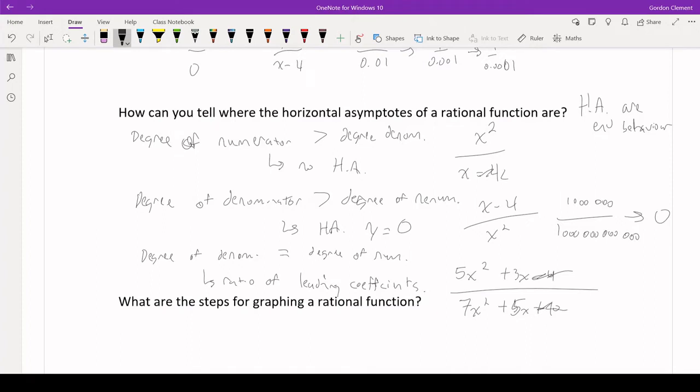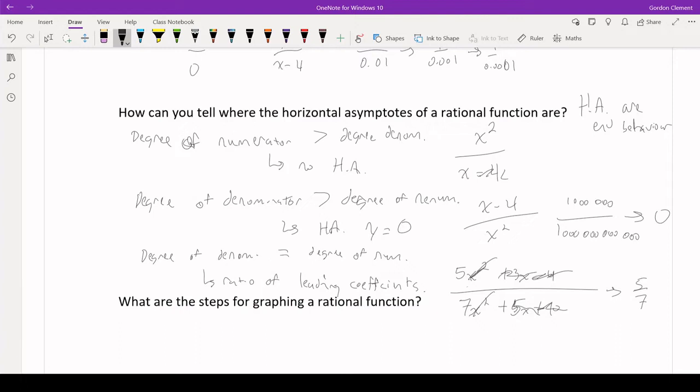When we talk about the top being a million, a million squared is so much bigger than just a plain old million that these plus x's just don't really move the dial too much when we add them onto a million squared. So really the only thing when we're talking about really, really large numbers is those leading terms. And since they're equal degree, they kind of cancel out, and we're left with the graph getting close to 5/7 for y.